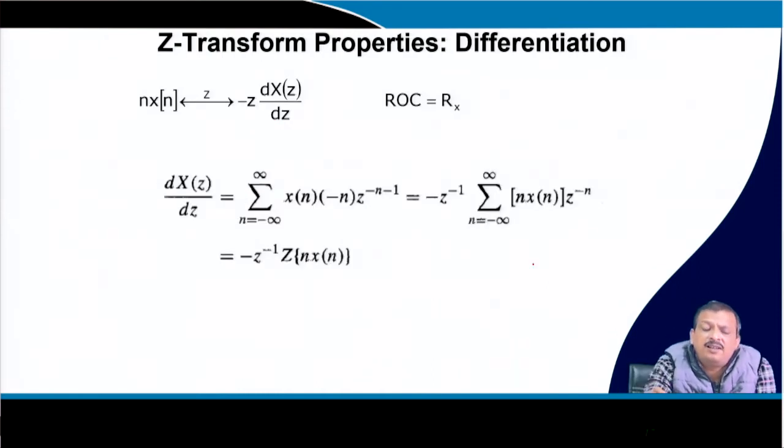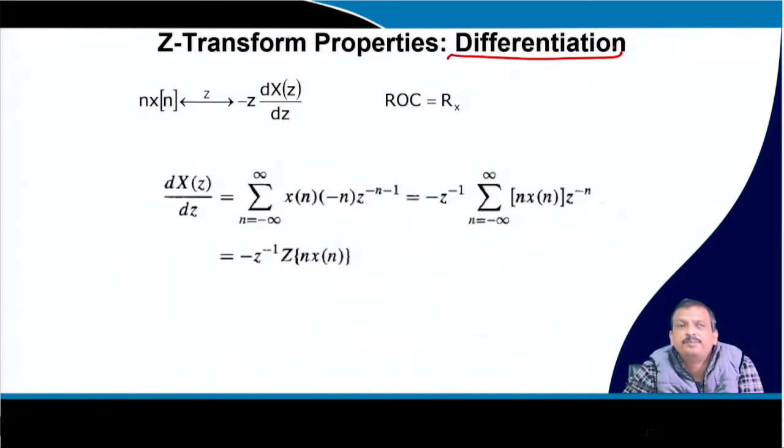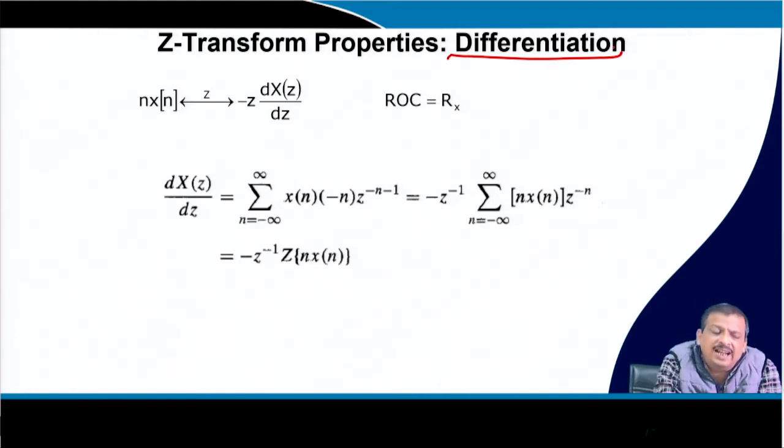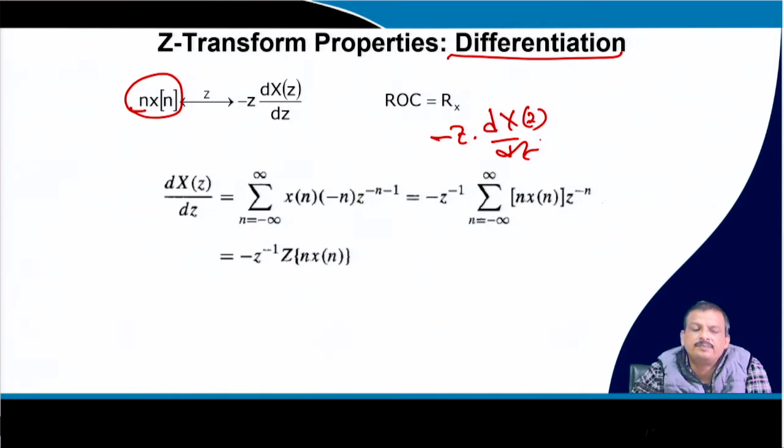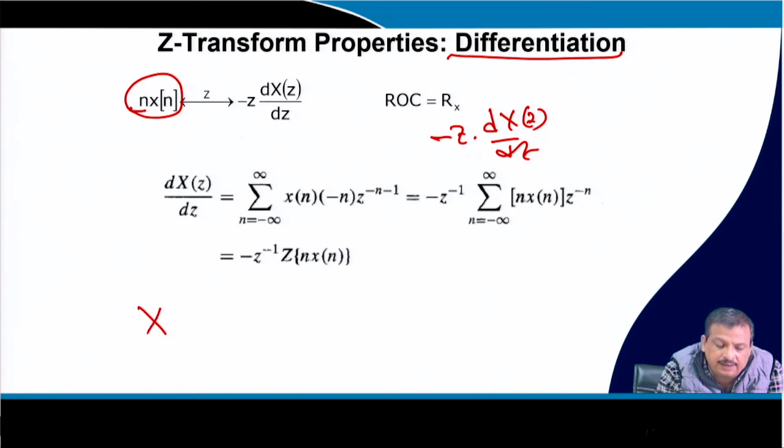Then next is differentiation. Many times we will use it during Z transform. What is the Z transform of n of x n? It is nothing but minus z into dX(z) by dz. Okay or not? So, if I do that, what is X(z)?